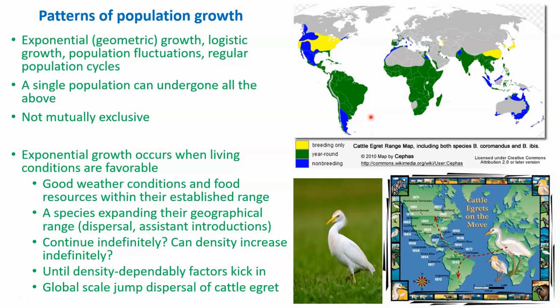The question now is, I earlier mentioned that a particular population can jump from one growth pattern to another. So we know that exponential or geometric growth cannot practically happen indefinitely, right? When the population size reaches a particular level, they become resource limited.